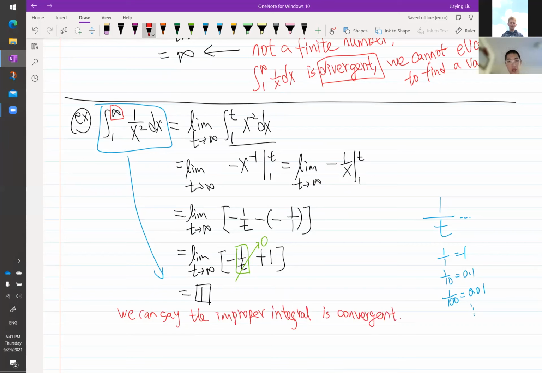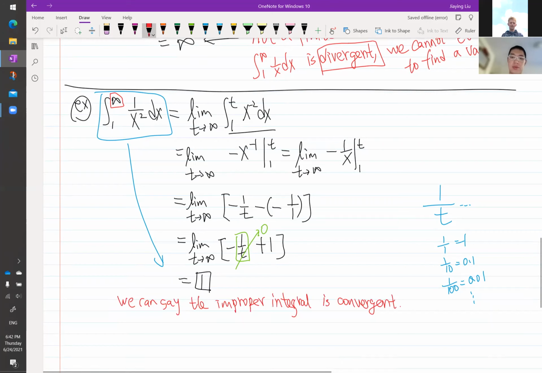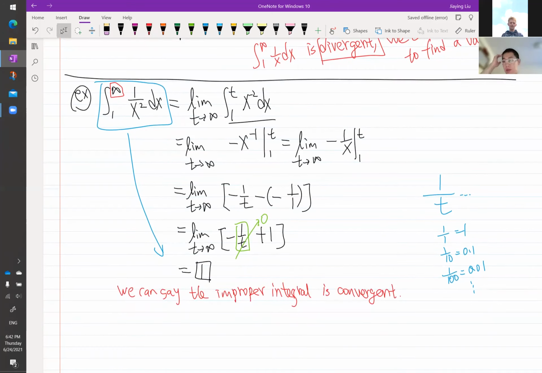The value of the integral converges towards 1. Any questions on that?